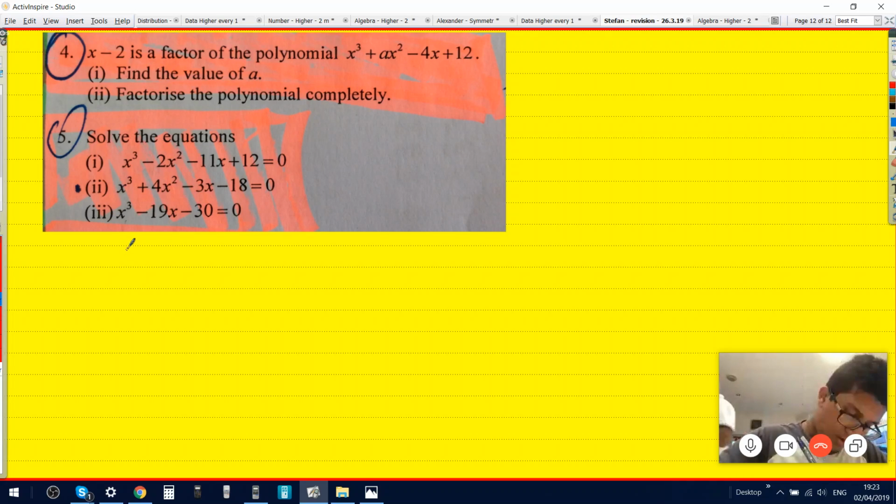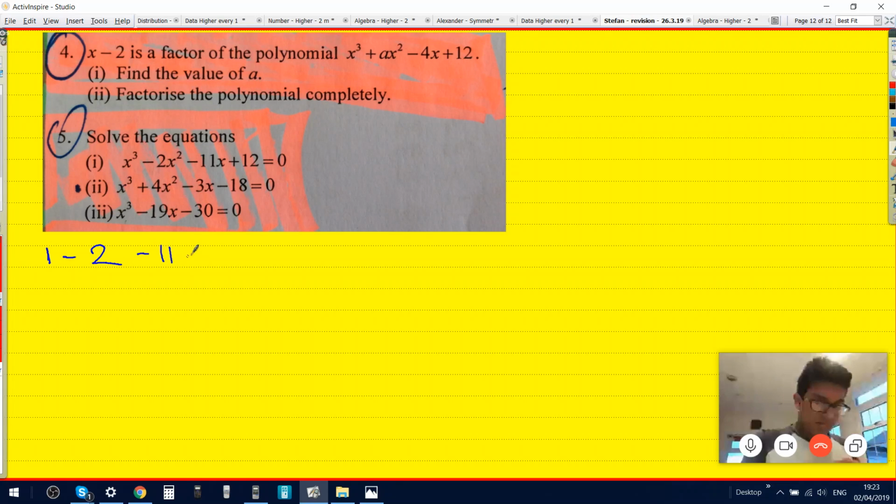So that's minus 2 cubed minus 19 times minus 2 minus 30. You get 6 there.